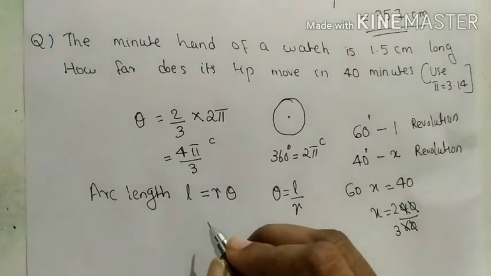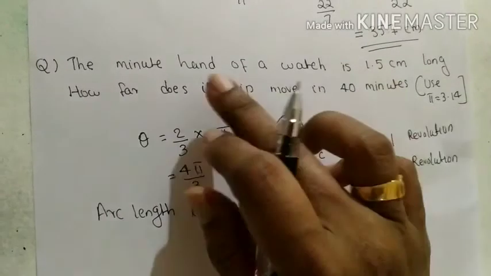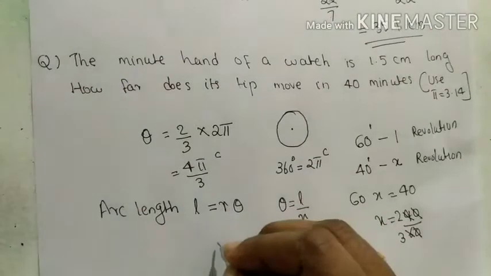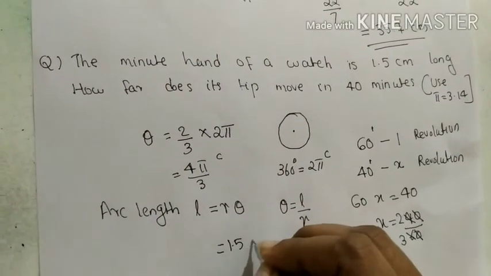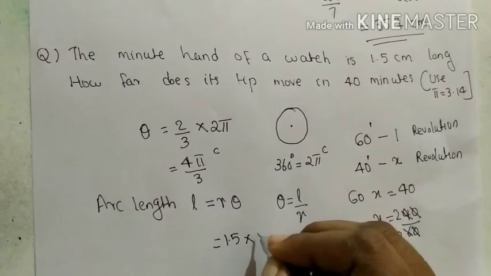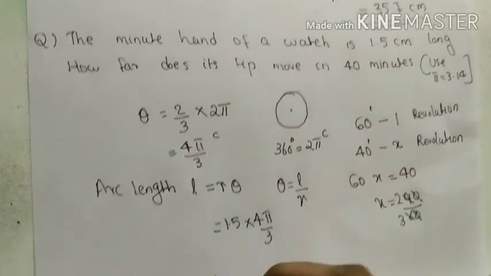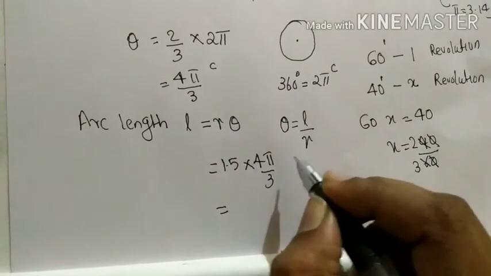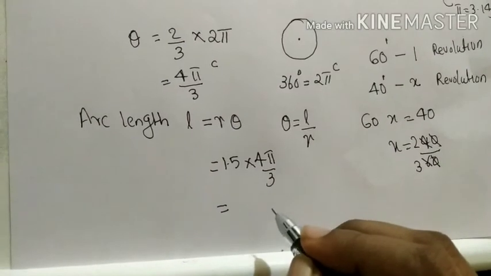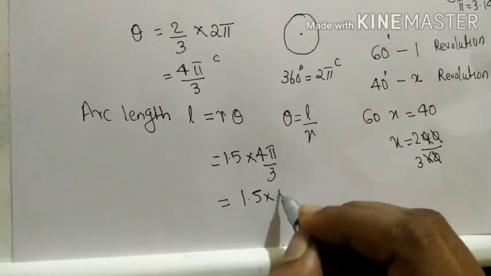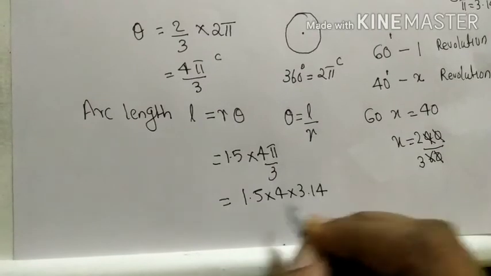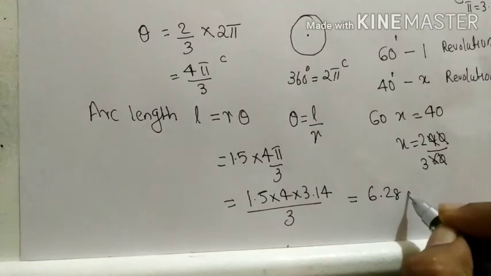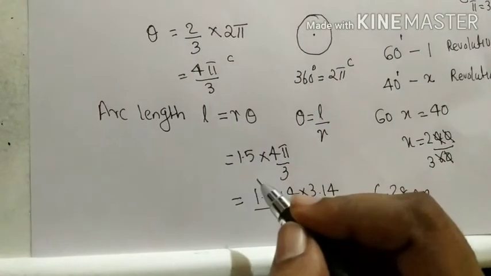So here given that the minute hand of a watch is 1.5 centimeter, that means radius equal to 1.5 centimeter, and theta that we have already calculated, 4 pi by 3. So we get our arc length as, substituting the value of pi as 3.14, 1.5 into 4 into 3.14 divided by 3 gives 6.28 centimeter is the arc length.